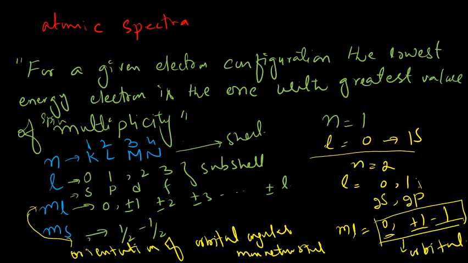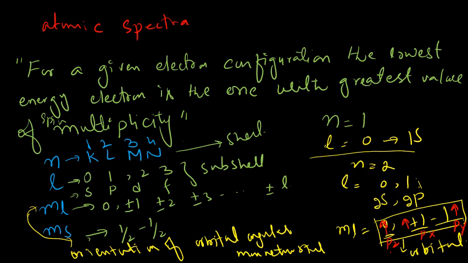First they will be occupied singly. This one is the pz, this one is px and this one is py state. The first electron will be filled singly with the spin up state, first going to pz, then px and then py, and then after filling these orbitals singly, they will be occupied with the spin down state.